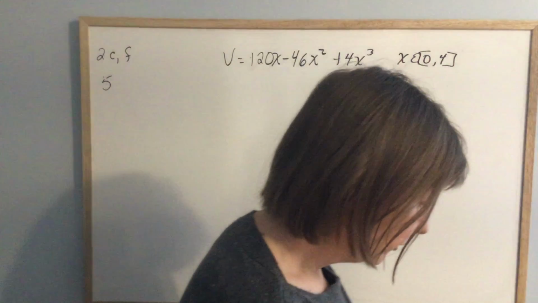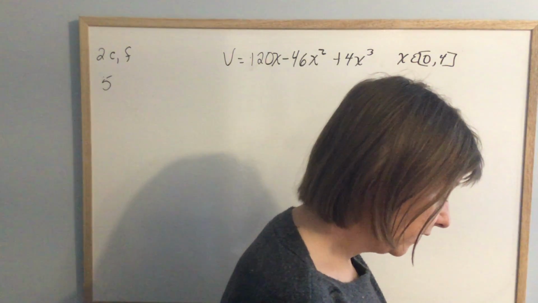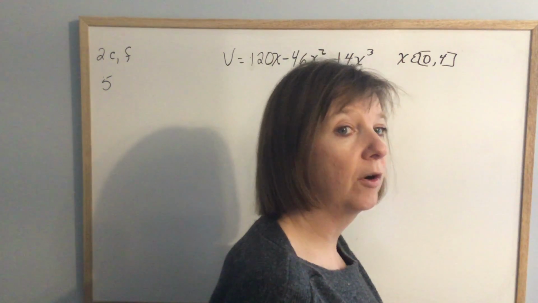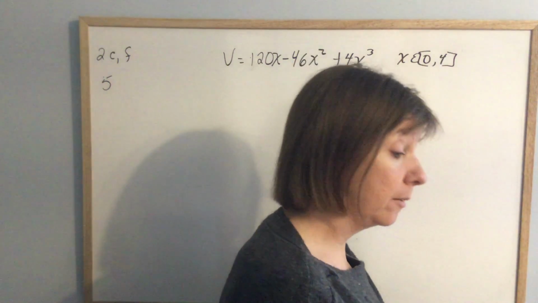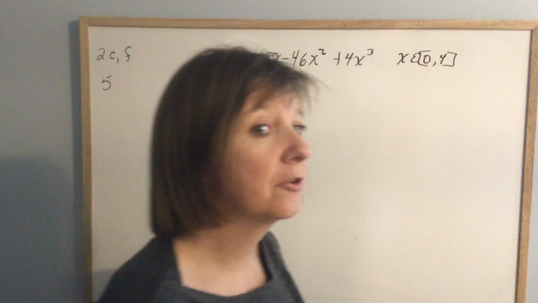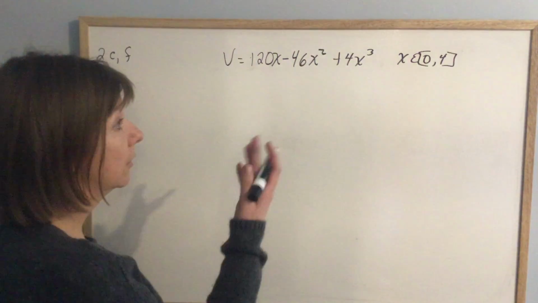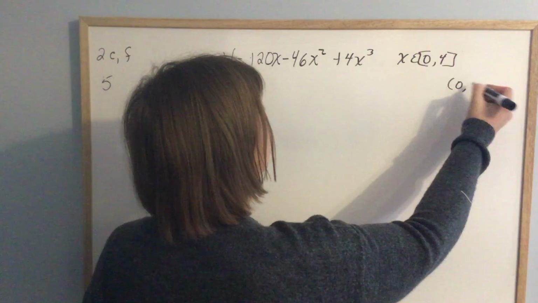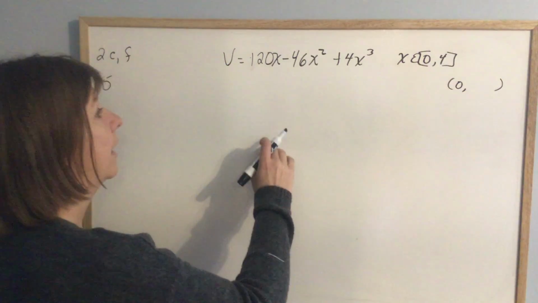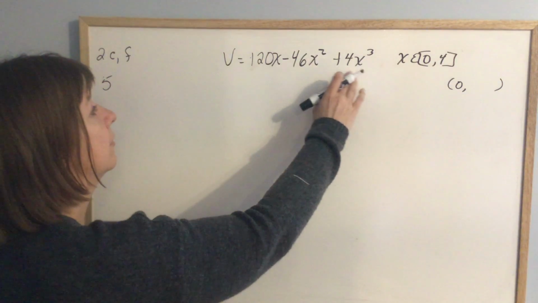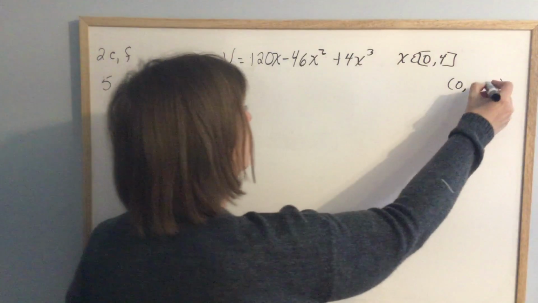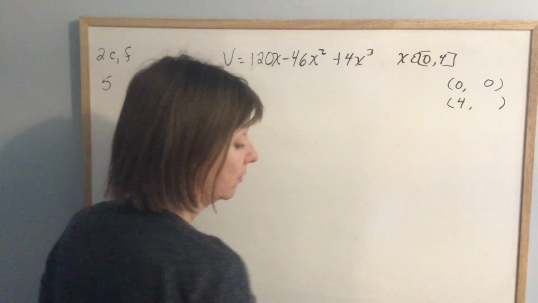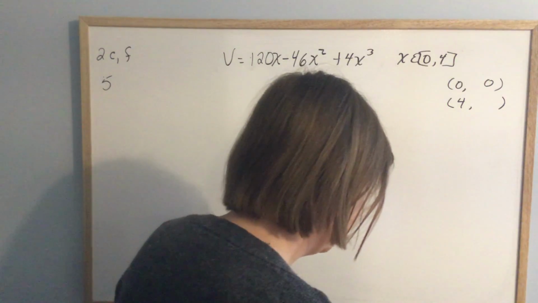All right. So determine the height of the shed that has an absolute maximum volume. So we need an absolute maximum. That's all they're saying. What is the absolute maximum here? Okay. So I'm going to start this off. I'm going to figure out what is my volume if my x is 0. So I would put 0 into there. Turns out it's 0. What is my volume when my x is 4? Well, I don't know.